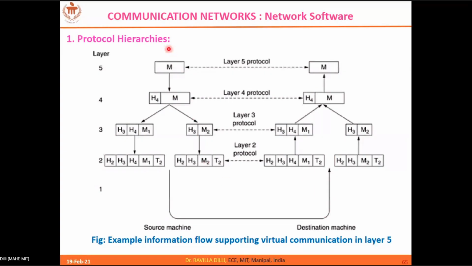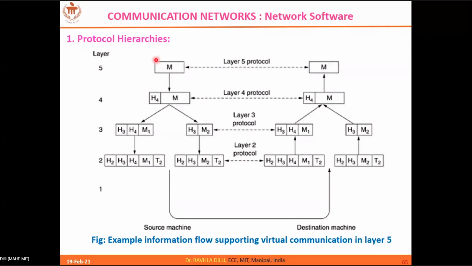So at user 1 from top to bottom and through the physical medium, then at the receiving end, the data flows from bottom to top. Okay, this is the actual link. But what is the virtual transmission, the virtual links? So as I told you, the layer 5.